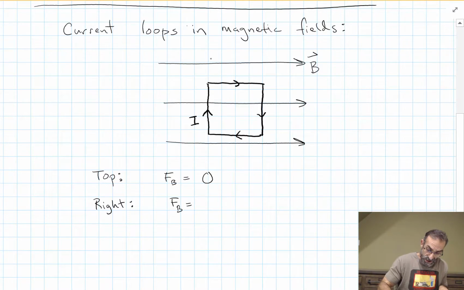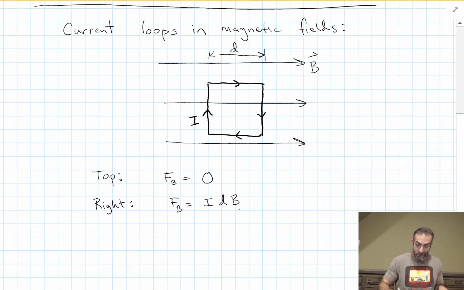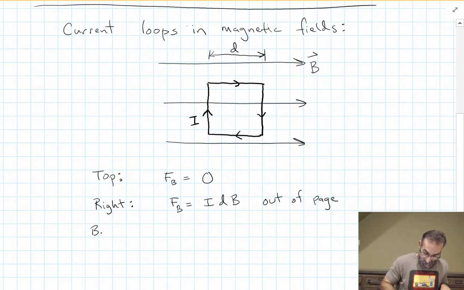Let's say it has a side D and current I. So the force is going to be equal to I times D times B, and the direction will be out of the page.